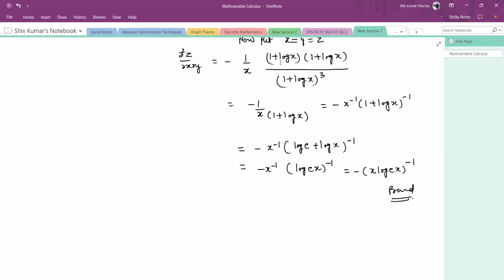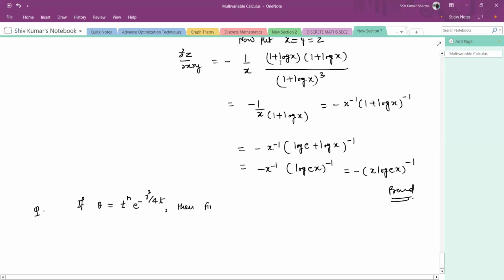So the second question is that if we have theta equal to t raised to the power n, e raised to the power minus r square upon 4t, then find what value of n will make 1 upon r square del upon del r into r square del theta upon del r equal to del theta upon del t.